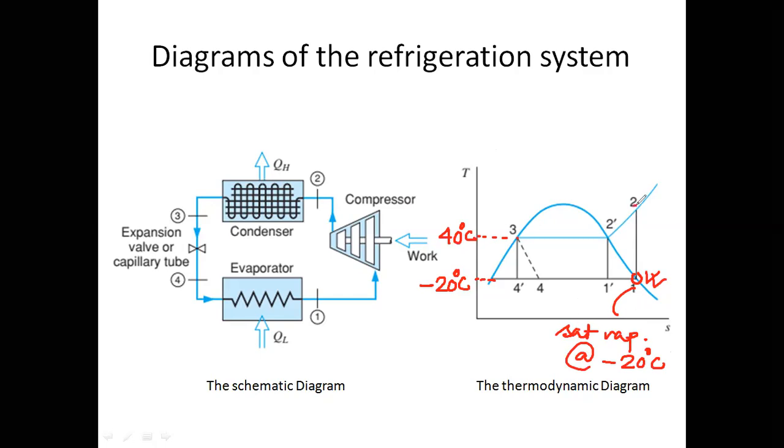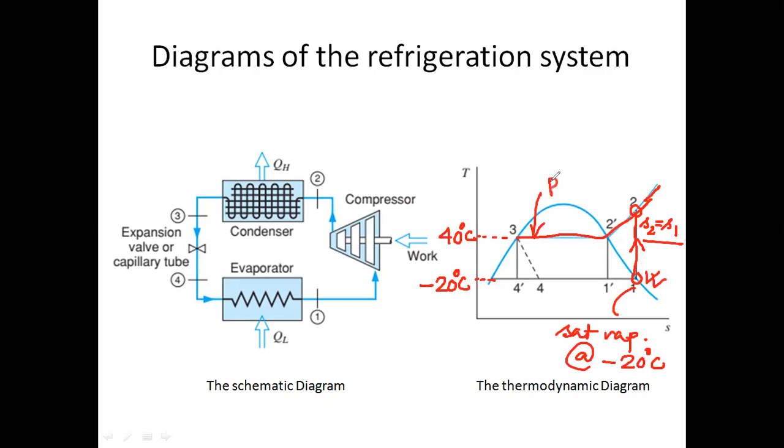For state 2, the entropy is the same as S1 because 1 to 2 is an isentropic process, and the pressure here is also known because this is a constant pressure process. The pressure here can be determined because temperature is given.